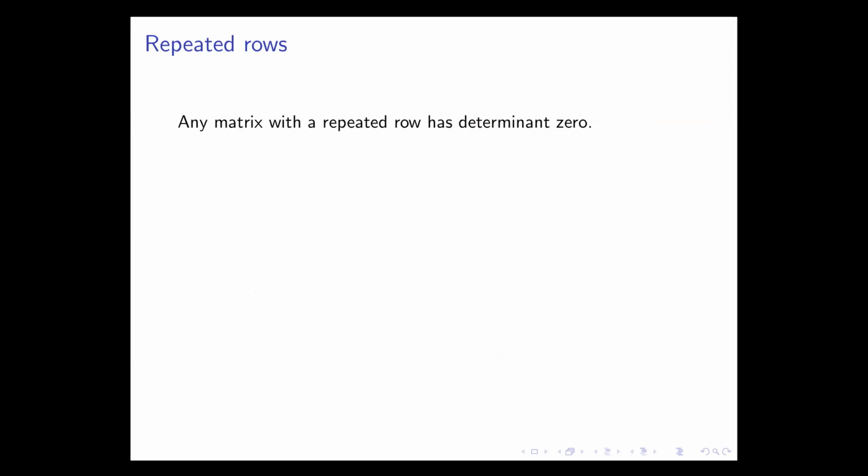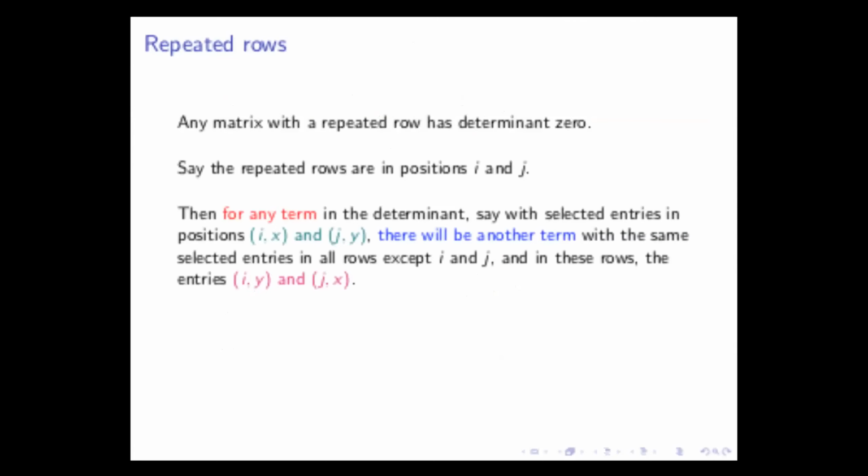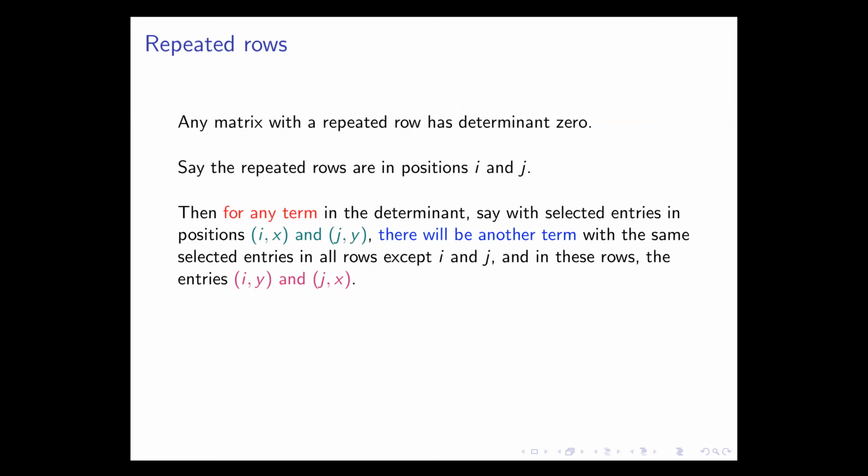It can be shown directly from the calculation, right? The repeated rows are in positions i and j, and then for any term in the determinant with selected entries in positions i, x, so it's the x column, and j, y, so it's the j row, y column, there will be another term with the same selected entries on all rows except i and j.